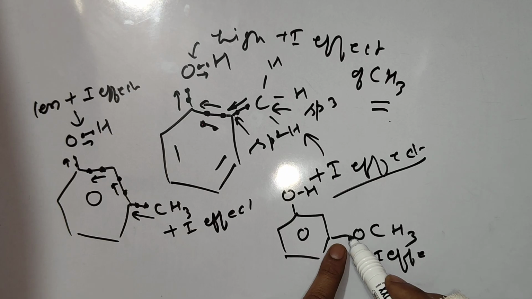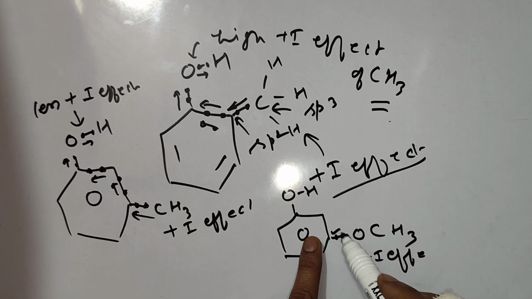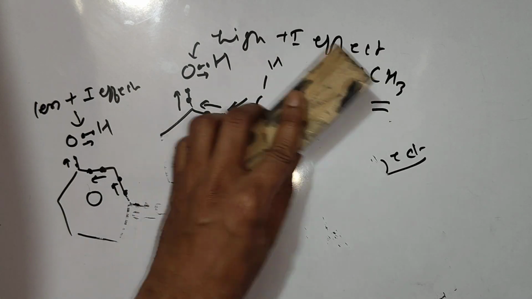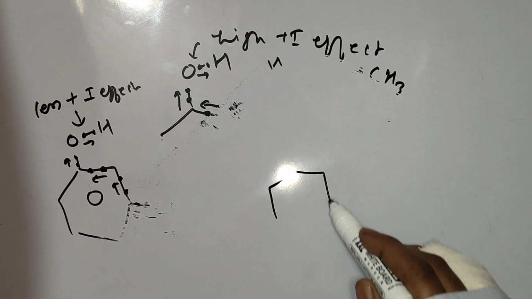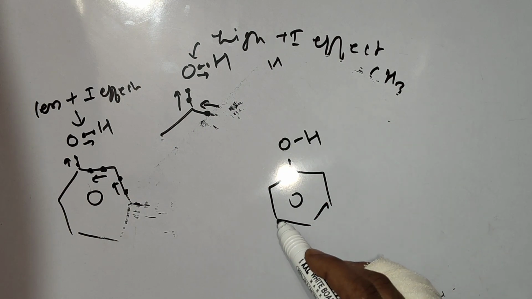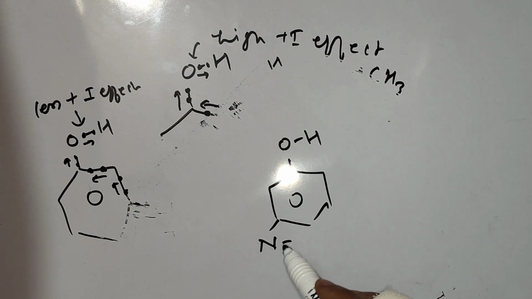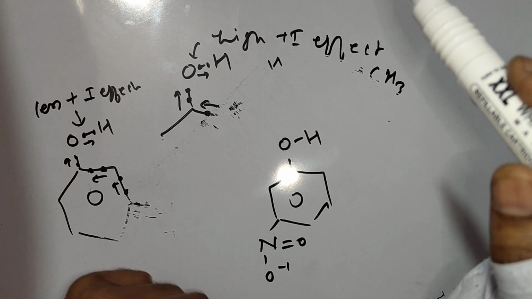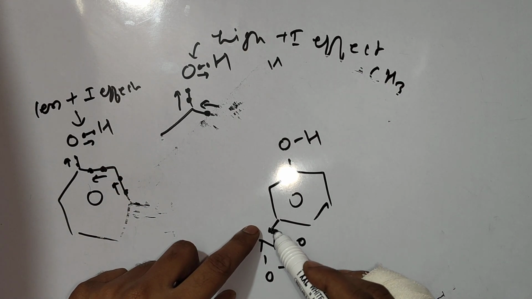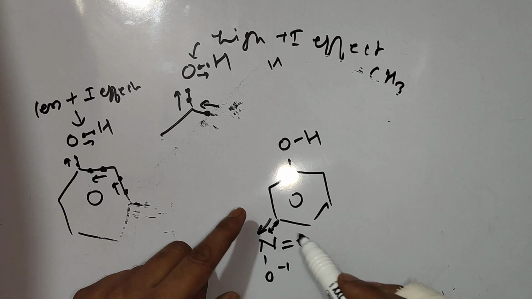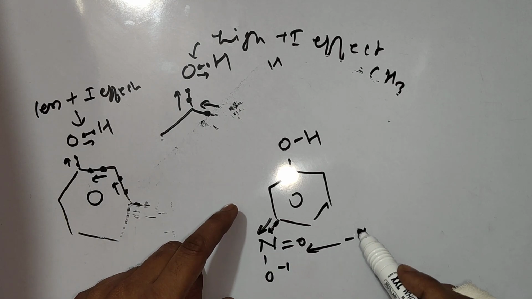Because as you know, oxygen is more electronegative than this carbon, so it will attract electrons. So it is showing minus I effect. Another functional group, suppose here I have an NO2 group. What effect will it show, minus I or plus I? It depends on electronegativity. Nitrogen is more electronegative than carbon, so it will attract electrons. That's it. It will show minus I effect.